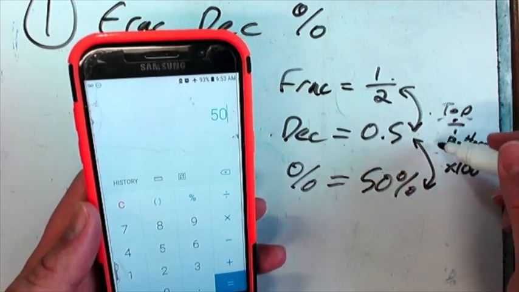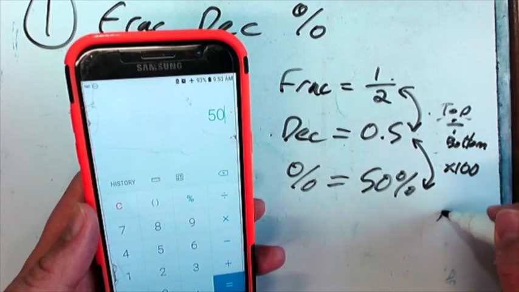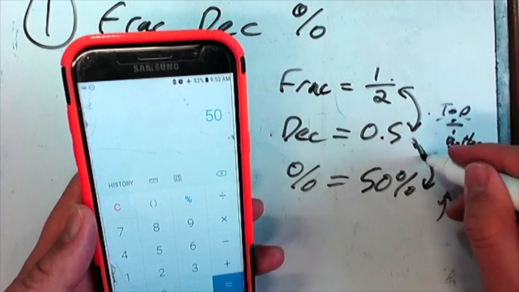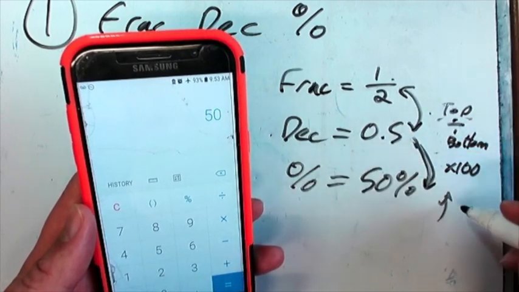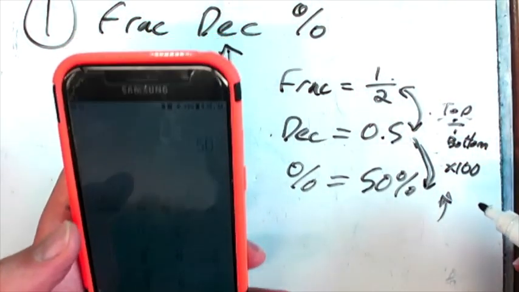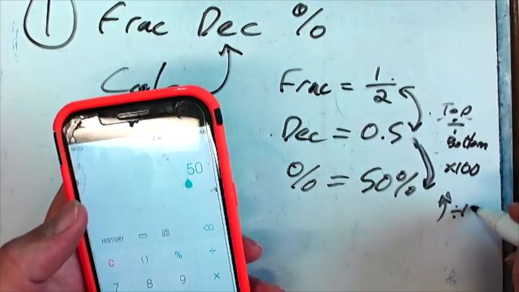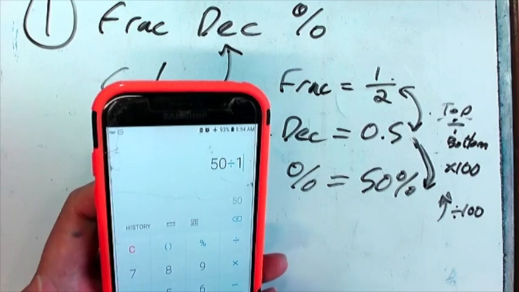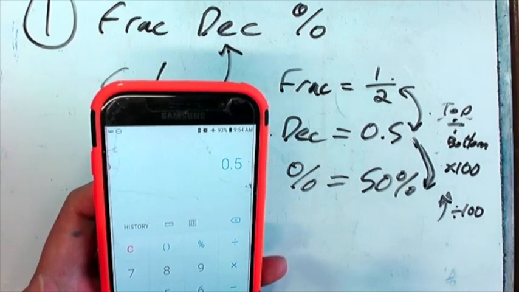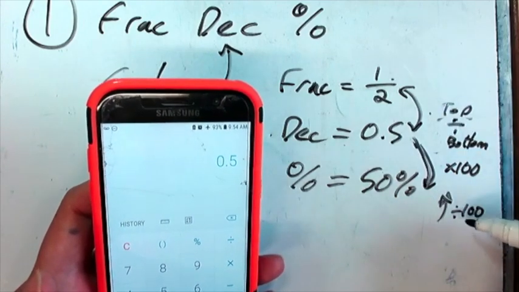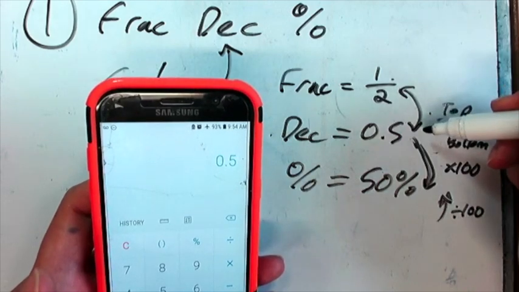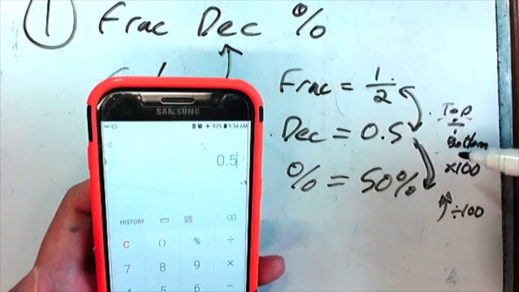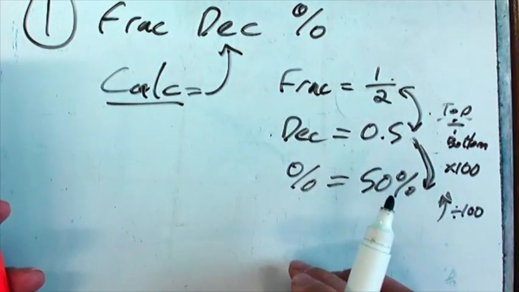If I'm going this way, it's times, but if I'm going back up, it's divide. So if I take 50 and I divide by 100, I get 0.5. So I'm going to divide by 100 for the percentages. For the fractions, I'm going to take the top divided by the bottom. That'll get me the decimals.